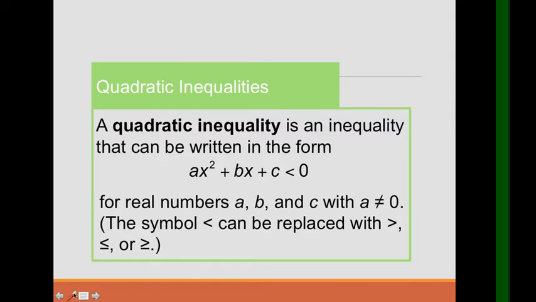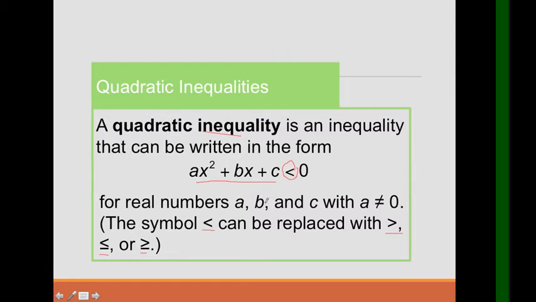So, when we say quadratic inequality, usually it is in quadratic form, where we have a squared term, no? Ax squared plus bx plus c. And when it has a symbol such as greater than, less than, less than or equal to, or greater than or equal to, it is an inequality.